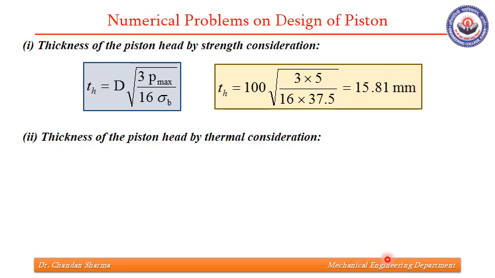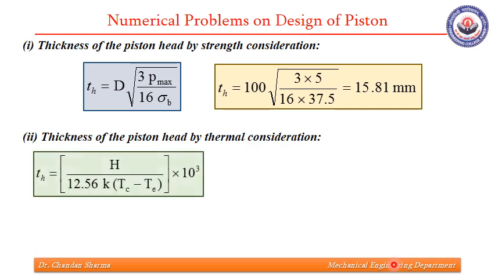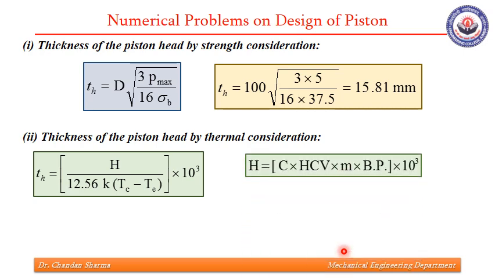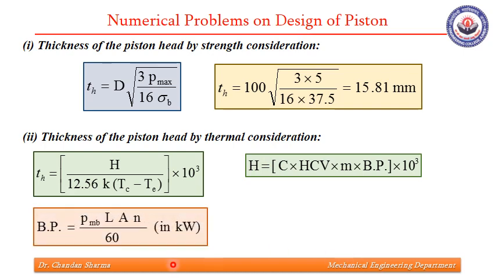Now we'll find thickness of piston head by thermal considerations also. This is the relation for finding thickness of piston head by thermal considerations, where H is the heat absorbed by piston, and BP is given by this formula that we used while we designed cylinders.